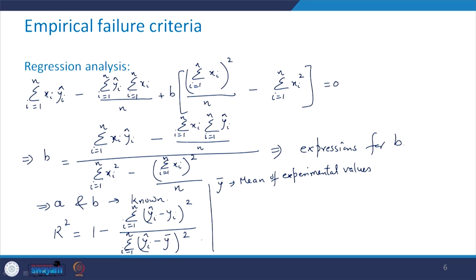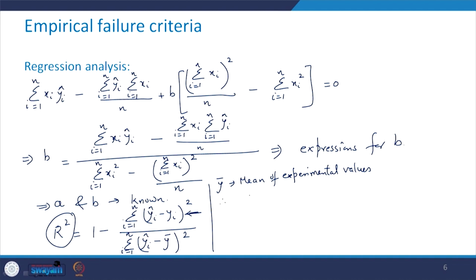So now what will happen if this quantity is small? See, if the numerator of this term is small, then this R square is going to be larger. Smaller difference signifies that it is the better representation of the data by the model.